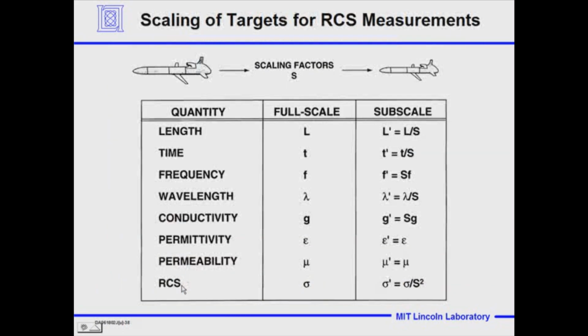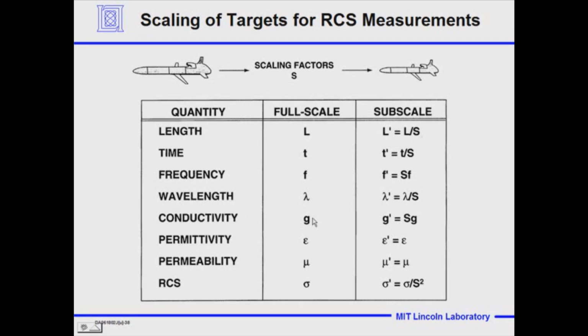But that's part of the problem. The next thing is, how do you scale the other factors in the target? Well, length scales the same. You scale the time, so the pulse width and things like that, you make them shorter. As I said, you make the frequency higher, the wavelength shorter, and then the permittivity and permeability, which are the dielectric and magnetic properties of the material, are the same.